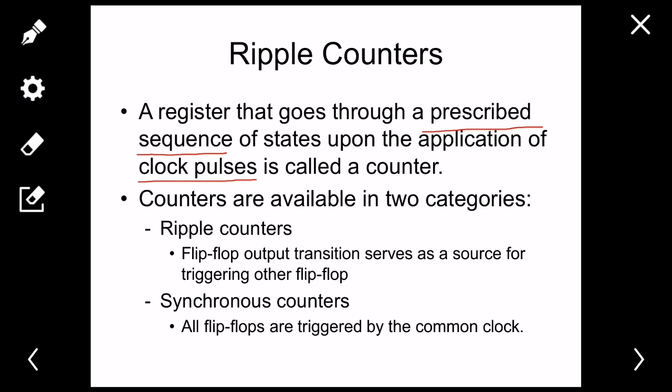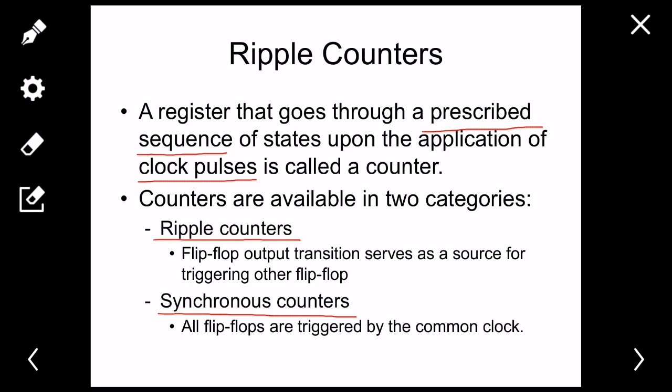Okay, so counters are of two types. One is the ripple counter, which I'm going to talk about right now, and another one is synchronous counters. The difference between ripple counters and synchronous counters is that ripple counters don't have a common clock source, whereas synchronous counters do have a common clock source.